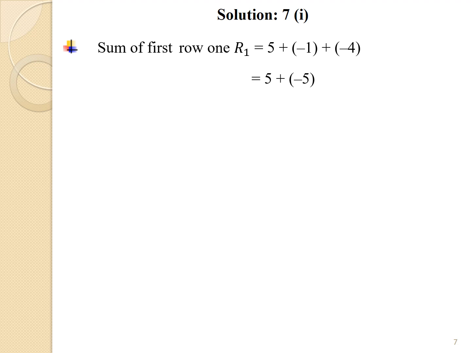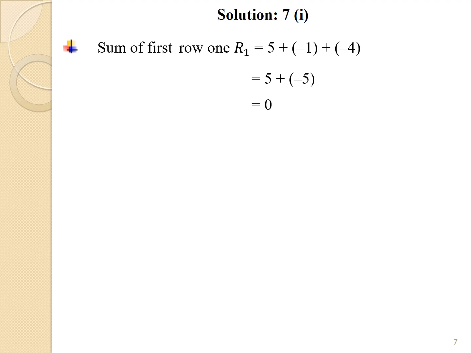Now, subtracting 5 from 5 as a whole number by ignoring the sign, as one integer is positive and one integer is negative, we get 0. Thus, the sum of first row is 0.